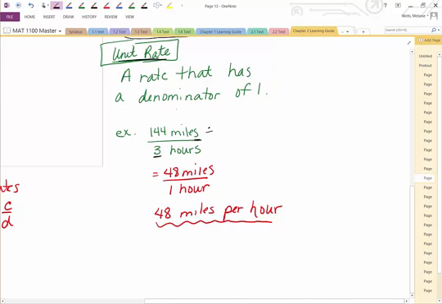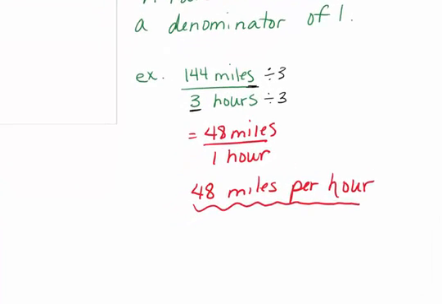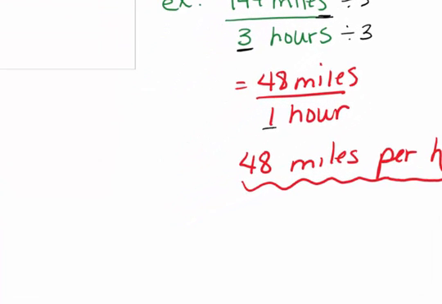So I divide both the numerator and the denominator by 3 so that the rate stays the same. I'm just simplifying it. When I divide by 3, I would get 48 miles in 1 hour. And then the way that we read a unit rate is we pretty much drop the 1. So we're saying we're traveling 48 miles per, that's the standard for a unit rate, per whatever the unit is in the denominator, hour.